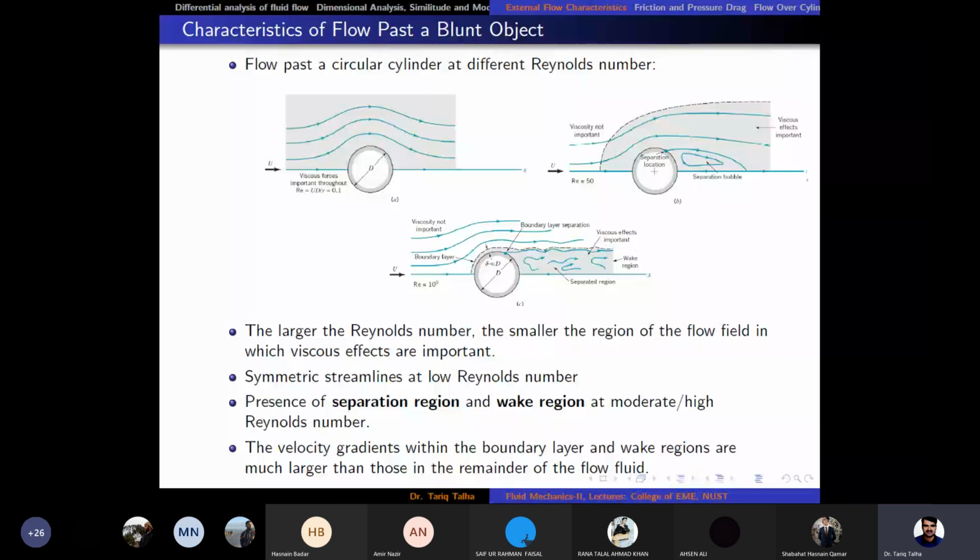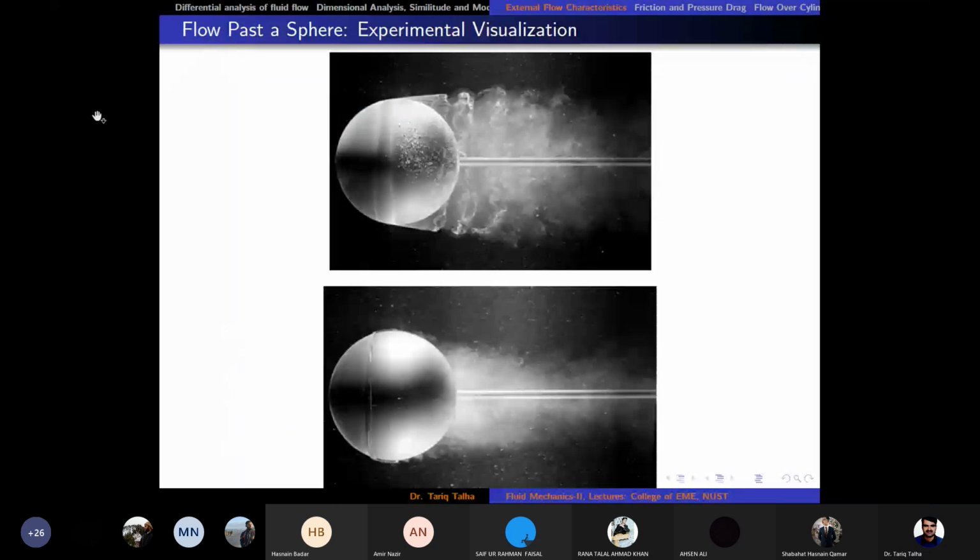So this is an experimental visualization of flow around a sphere. We can also take it as Earth, but of course this is not a visualization of Earth. Rather, this is a sphere in an experimental setup, and you can notice the figure on the upper side. It is at very low Reynolds number, and you can easily see this is the wake region.